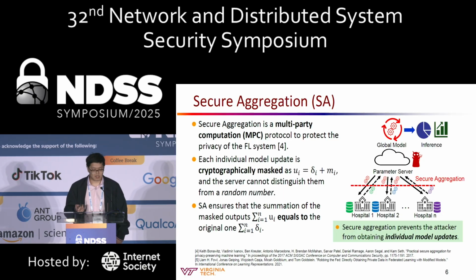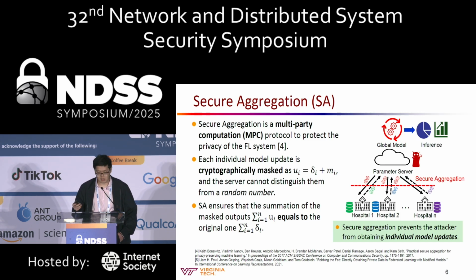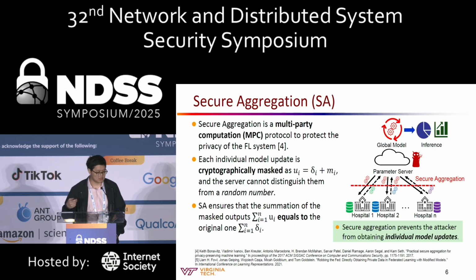They are very complex cryptographic protocols, but their fundamental idea is to add a cryptographic mask to the original local model update so that the server cannot distinguish it from even a random number. But at the same time, they ensure that the summation of the masked outputs equals the original one. In this way, you can keep going with the training process on the server side.